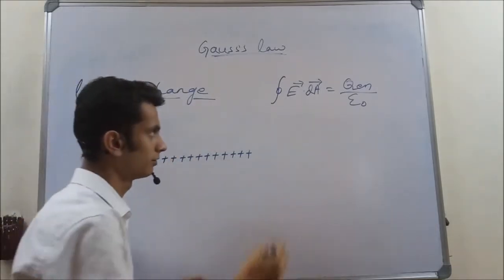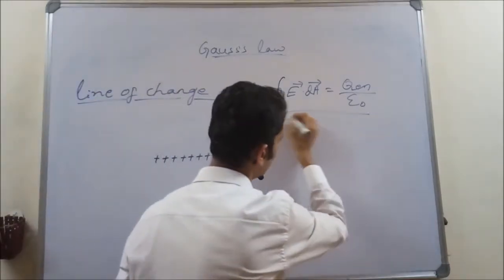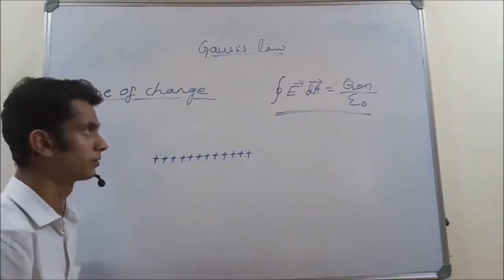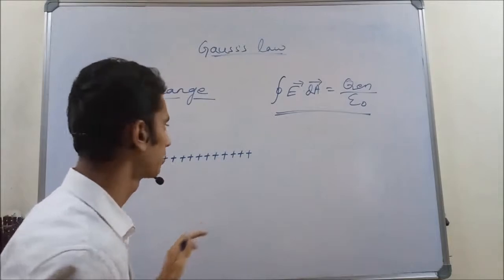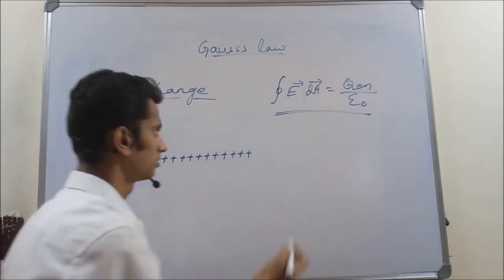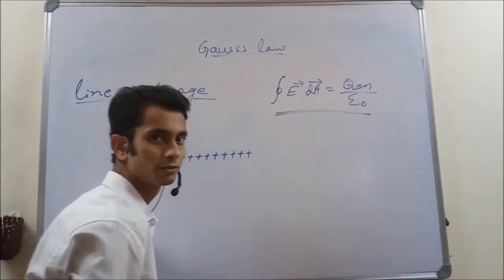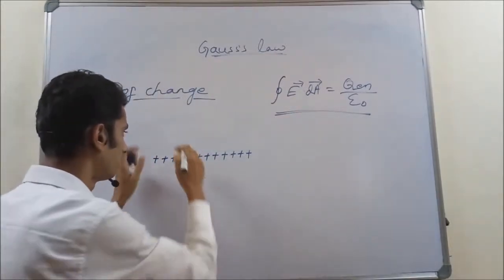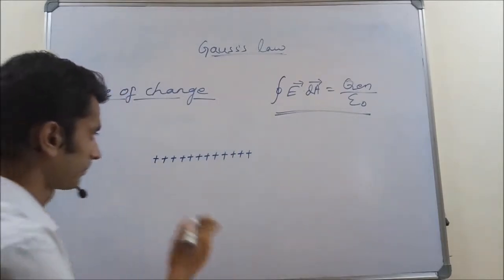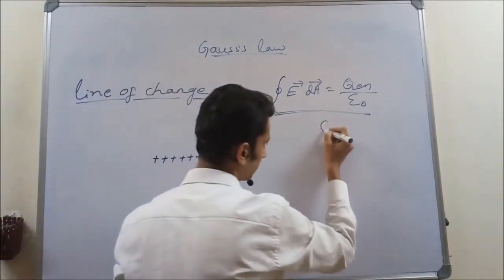In line of charge we have to use this equation to find the electric field. Before using this equation we have to take a 3D closed surface, because Gauss law is only valid for a 3D closed surface. So I have to take an imaginary 3D closed surface which is called a Gaussian surface.